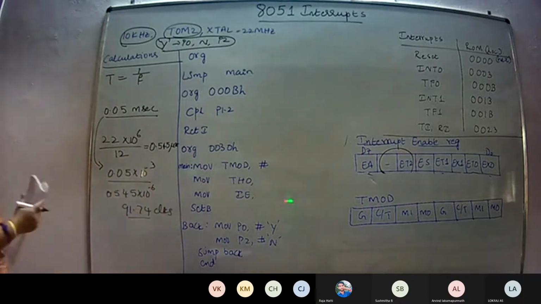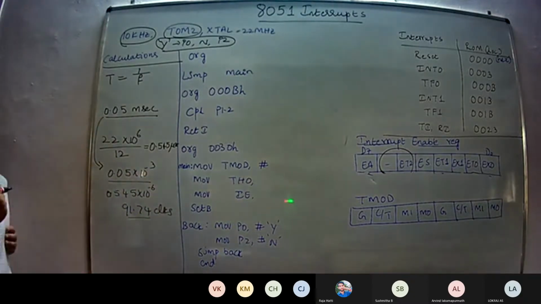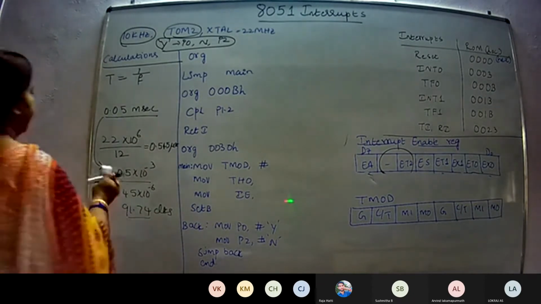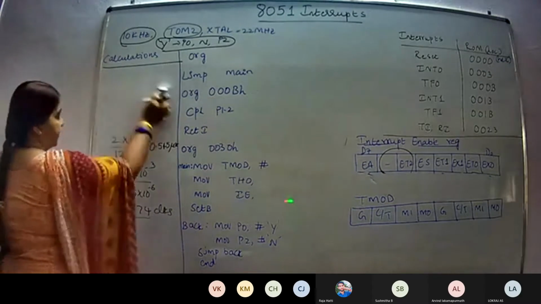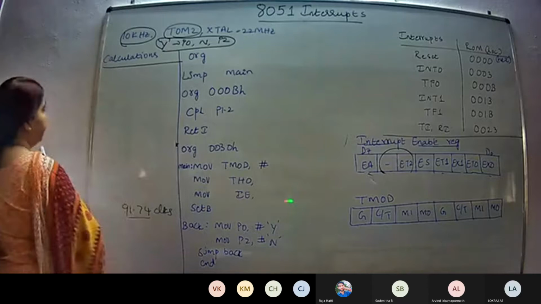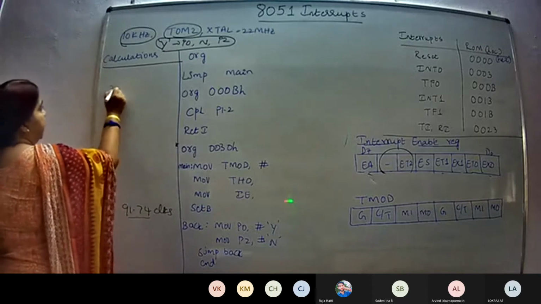See, 91.74. It is timer 0 mode 2. What do you mean by mode 2? Mode 2 means it is 8 bit. So what is the maximum count of 8 bit? It is nothing but 256. Getting it? So the maximum count is 256. Whatever number you get should be subtracted from 256.